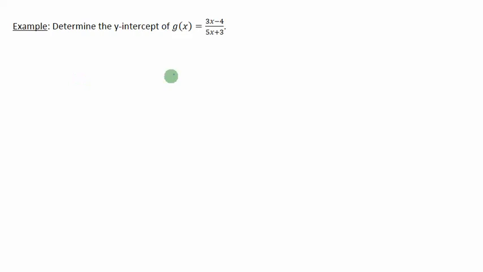We'll do one more example where I want the y-intercept of this function. And again, this is just like the equation y equals 3x minus 4 over 5x plus 3. And I will plug in 0 for my x's, since I want the y-intercept, and I'll have 3 times 0 minus 4 over 5 times 0 plus 3. 3 times 0 is 0, minus 4 is negative 4. 5 times 0 is 0, plus 3 is 3.